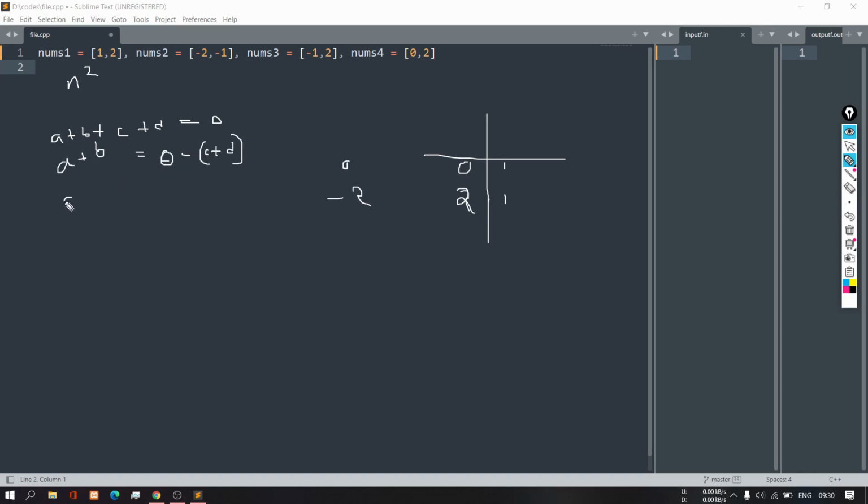So it is equivalent to A plus B is equal to minus of (C plus D).